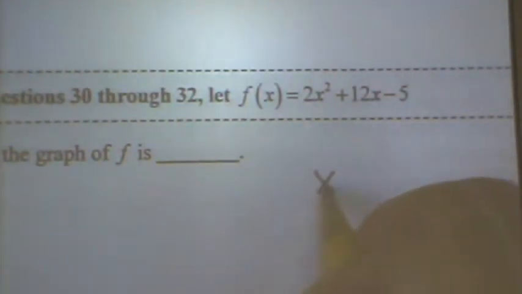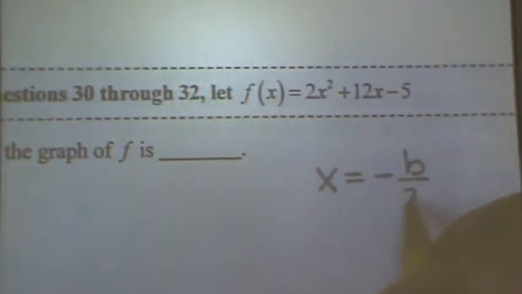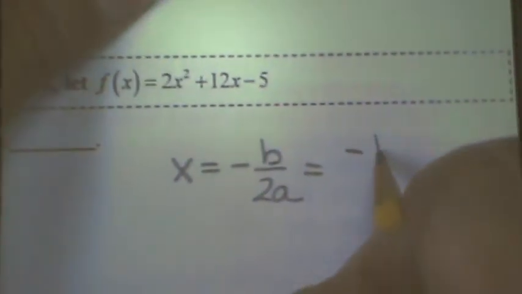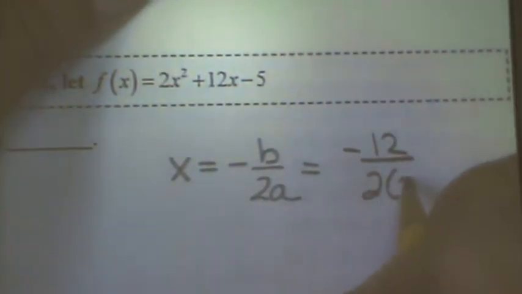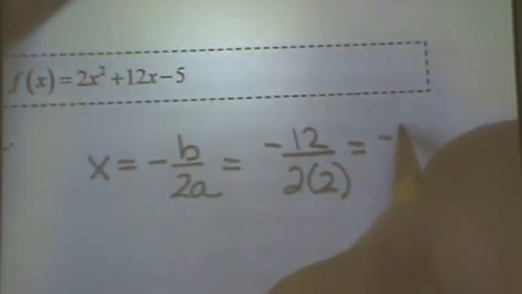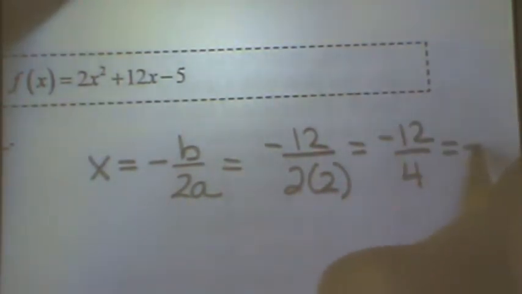Number 30, the axis of symmetry is that formula, x is equal to negative b over 2a. The b value is 12, so it's negative 12 divided by 2 times 2. So it's negative 12 divided by 4, which is negative 3. That's your axis of symmetry. But the vertex is found by plugging that x value in here.